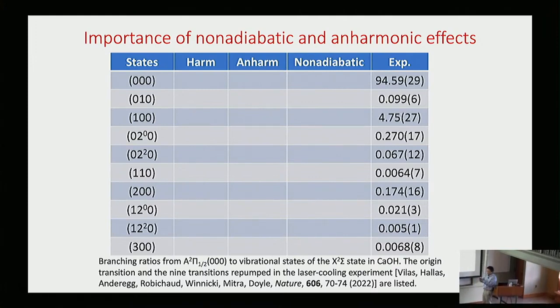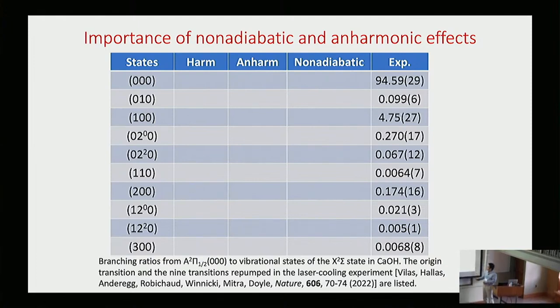Here specifically, I'm showing the transitions in the calcium hydroxide molecule, and here is a list of 9 transitions that were repumped in this laser cooling experiment, beautifully done and published this year. These are the 9 transitions that had to be repumped, and these are the branching ratios in percentage.